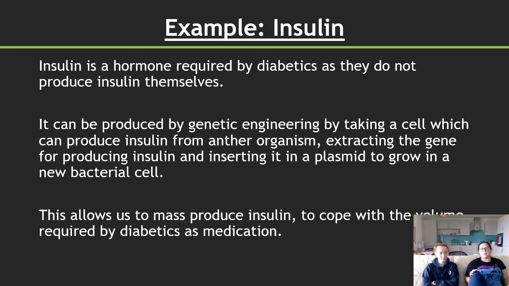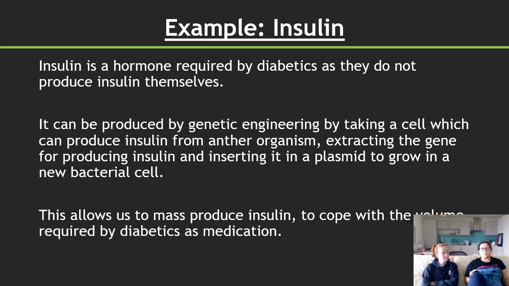Some people find that one brand works a lot better for them than another, and that's probably because they're a closer genetic match to the person the insulin was originally taken from, compared to the other brand, which had a different person with a different insulin gene. So even with human insulin, there are slight differences between humans in what works.